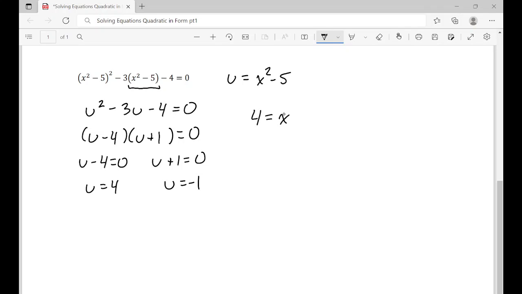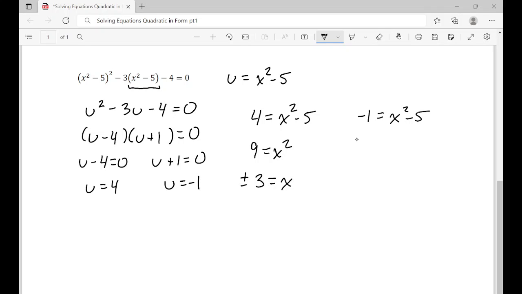4 equals x squared minus 5, and -1 equals x squared minus 5. Now solve. I'm going to add the 5 over and get 9 equals x squared. Square root both sides, and I'm going to get plus or minus 3 equals x. Do it again here.